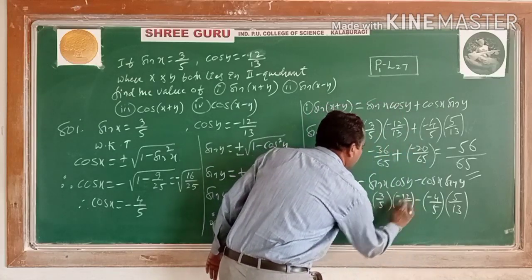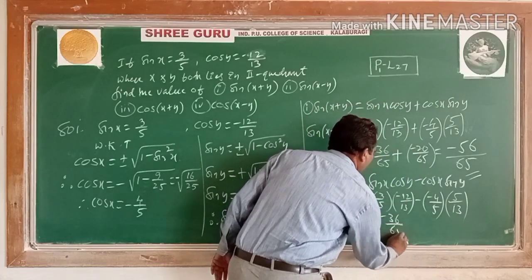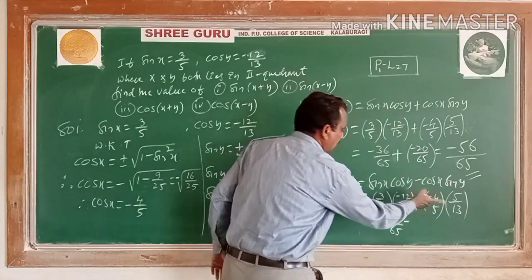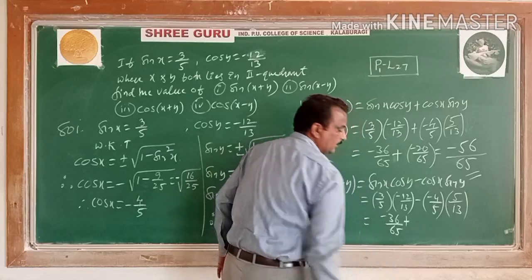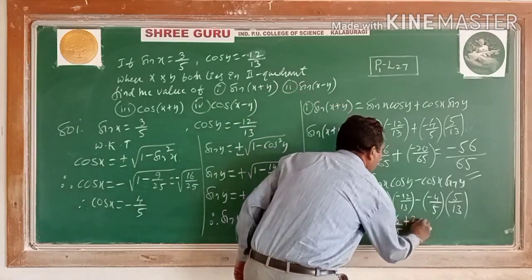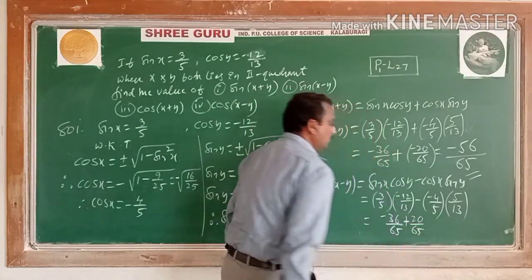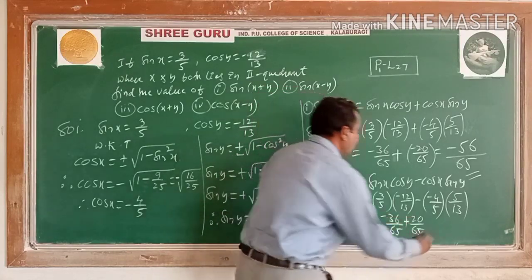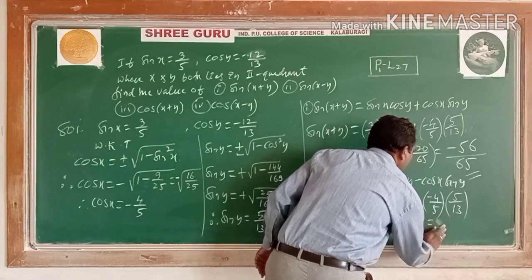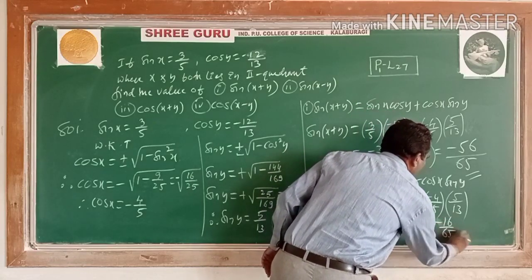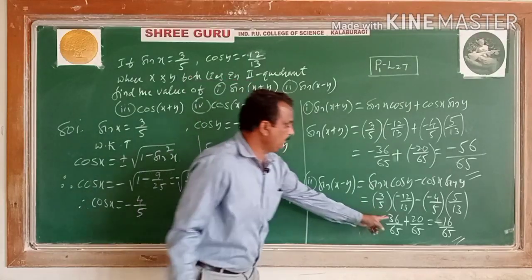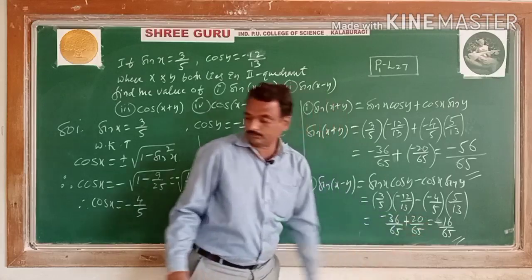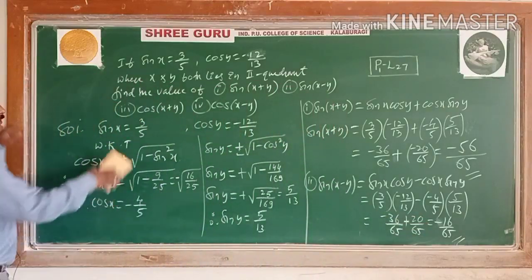Simplify this one: minus 36 by 65 minus of minus 20 by 65, which is plus 20 by 65. 65 is the LCM again. Minus 36 plus 20 is minus 16, so minus 16 by 65.